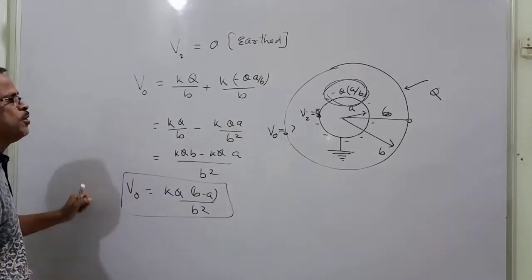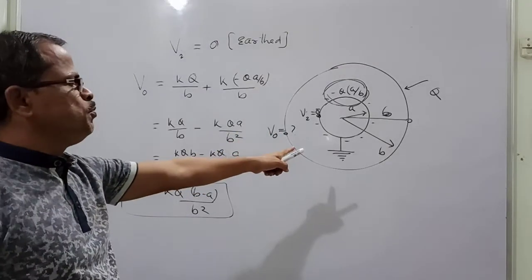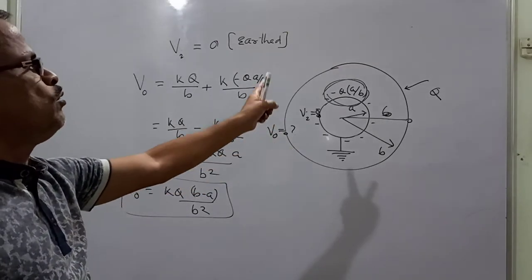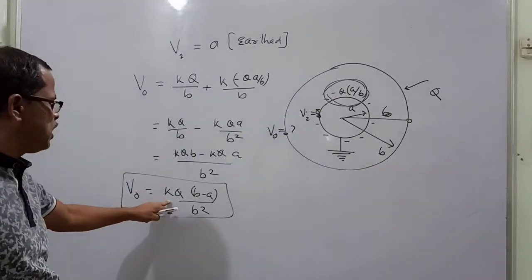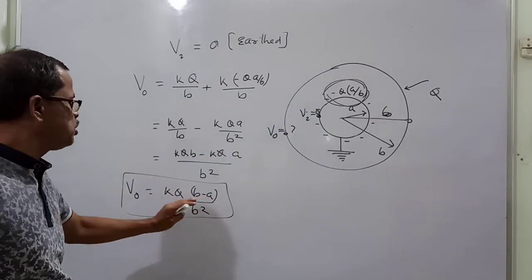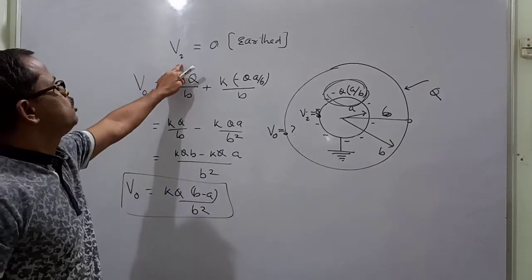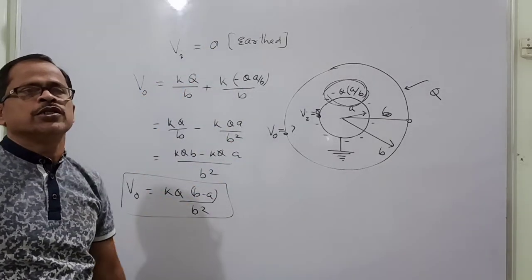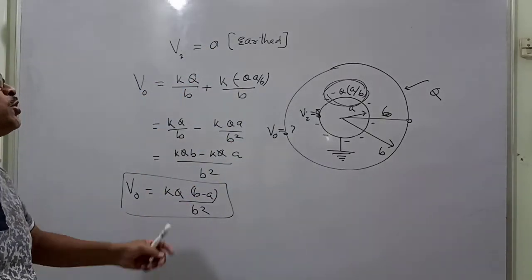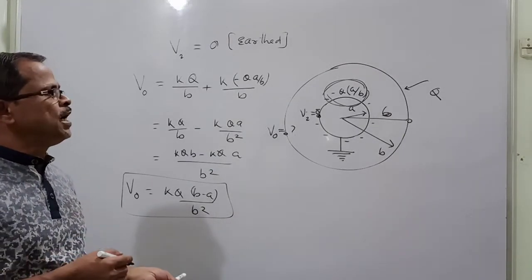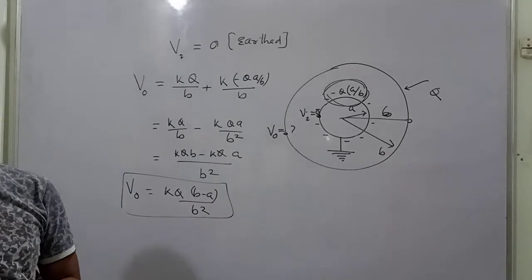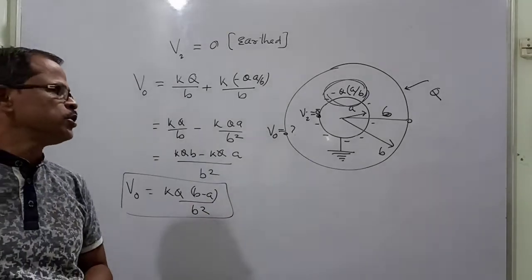Now please remember, when the inner sphere is earthed and the outer sphere is given charge, the potential of the outer sphere is K Q (B minus A) by B square, and the potential of the inner sphere is equal to 0. This is all about the discussion where the inner sphere is earthed and the outer sphere is given charge.